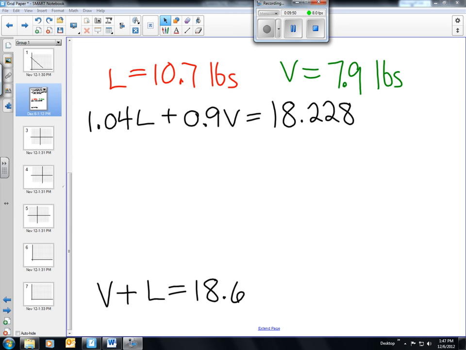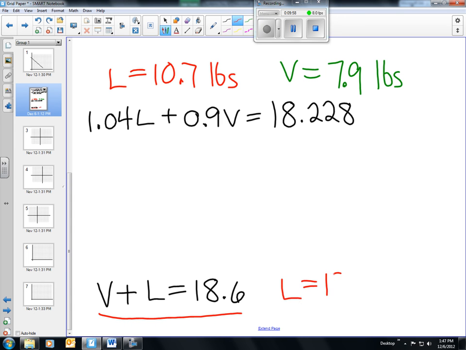So if we go back to our original two equations, the total weight and the total cost, if we were to solve this equation here for L, we would say L equals 18.6 minus V. And then up here in this equation, if we were to solve for L, we would subtract the 0.9 V from both sides.